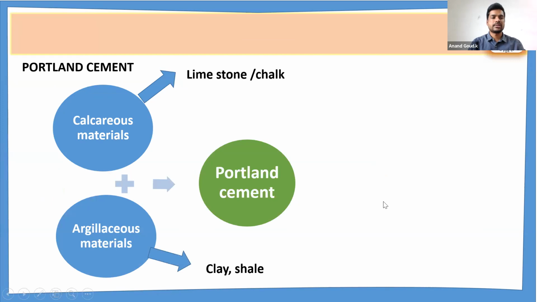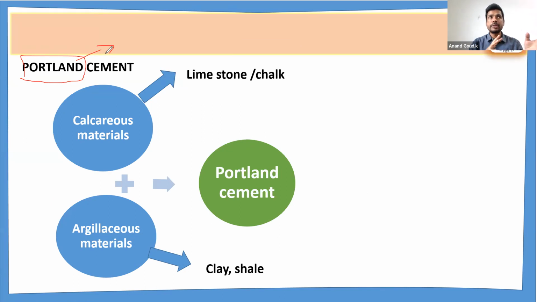Coming to the next part of the cement material. Normally, whatever cement we are using is called Portland cement. Why Portland cement? Because this cement powder is obtained from a place called Portland. There they found a huge stone, and after crushing that stone they got the properties of cement.